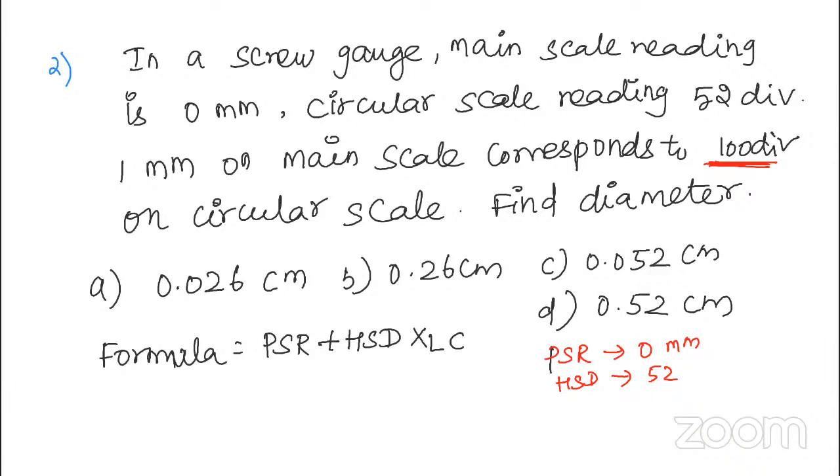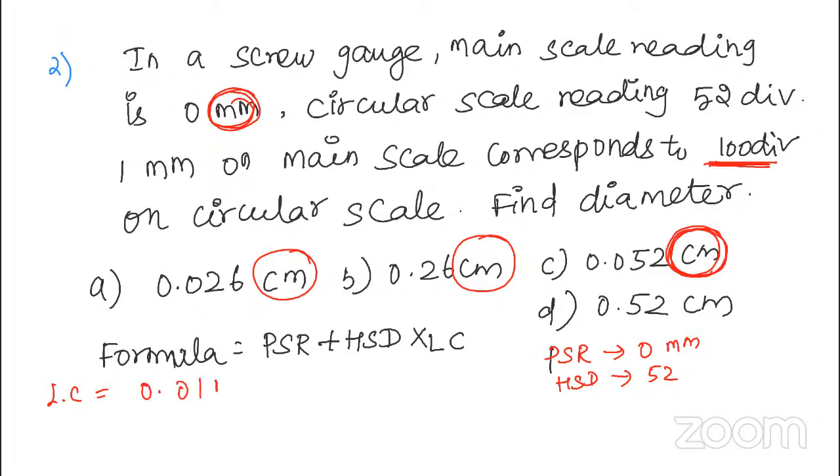In that problem they have given millimeters, but the answers are in centimeters. Previously I told you that the least count of the screw gauge is 0.01 millimeter or 0.001 centimeter.